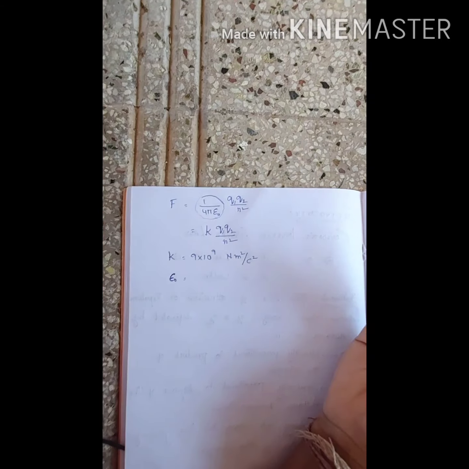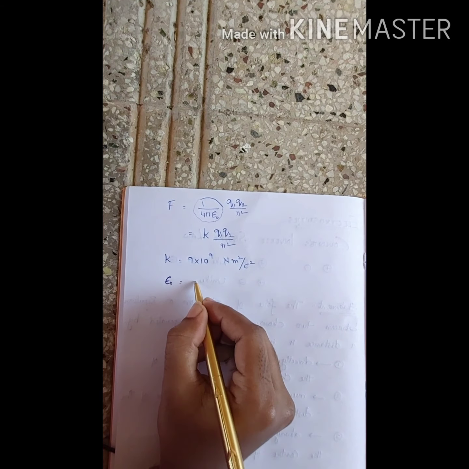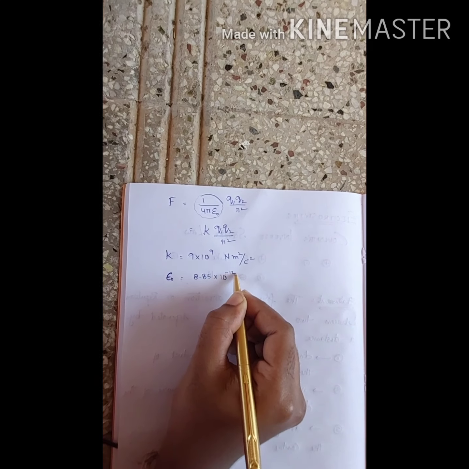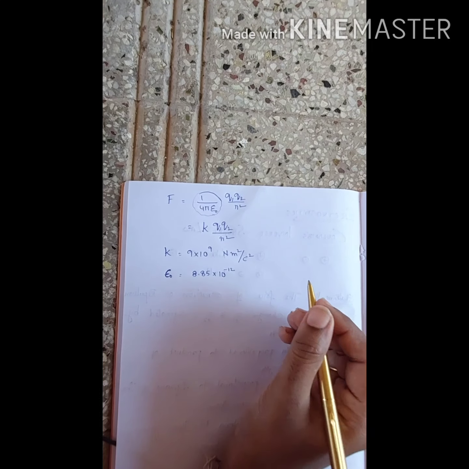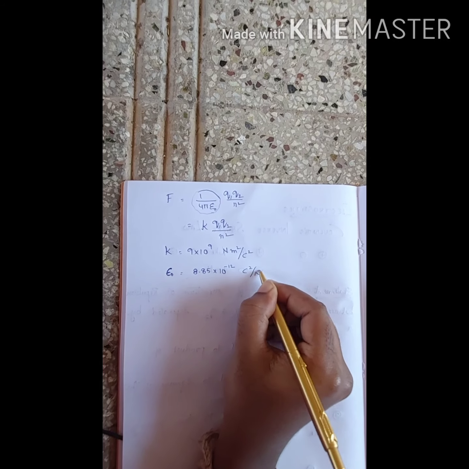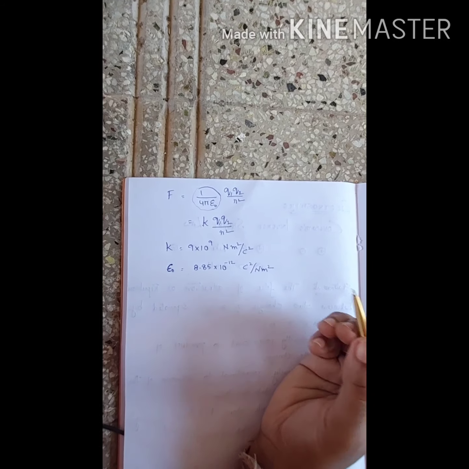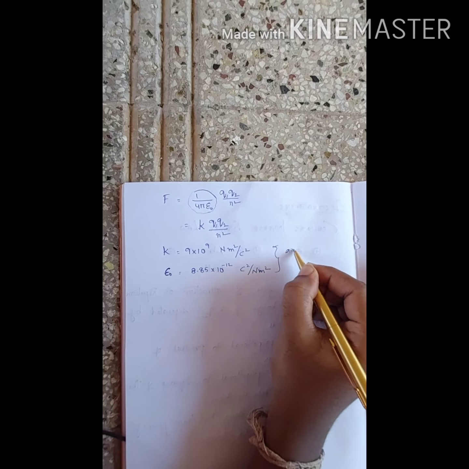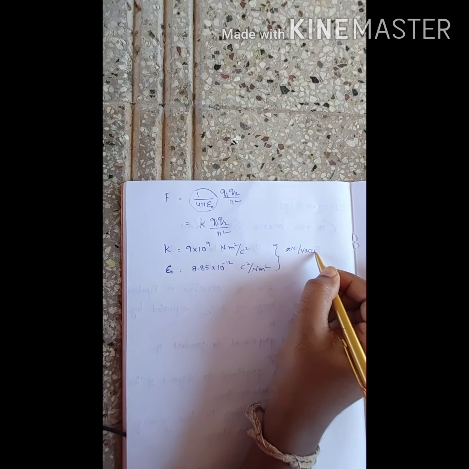So I am first writing the K value and then epsilon. Epsilon naught is 8.85 into 10 power minus 12. What will be the units for this? The units will be coulomb square per Newton meter square. These two values are only with reference to air or vacuum.